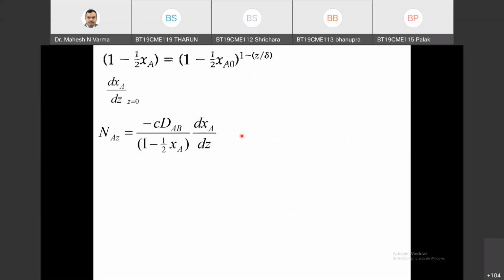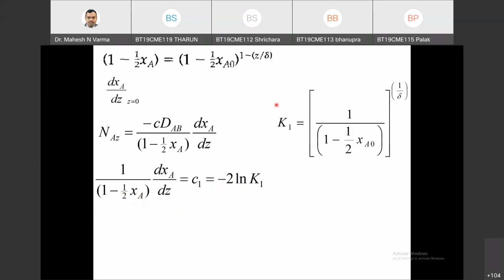And if I estimate that at z equals to 0, anyway that is not changing with respect to z, so you can estimate it at z equals to 0 or anything. This 1 upon 1 minus half xa dxa by dz will be equal to C1, that will be equal to minus 2 ln K1.